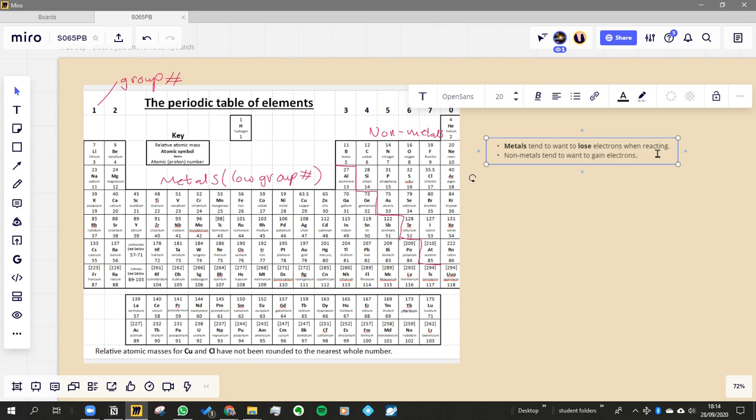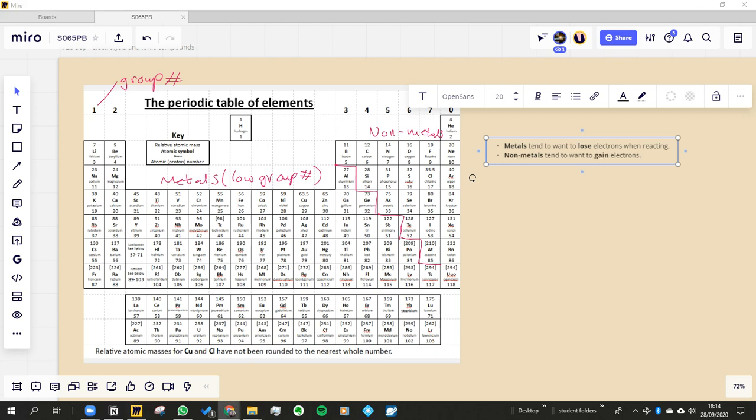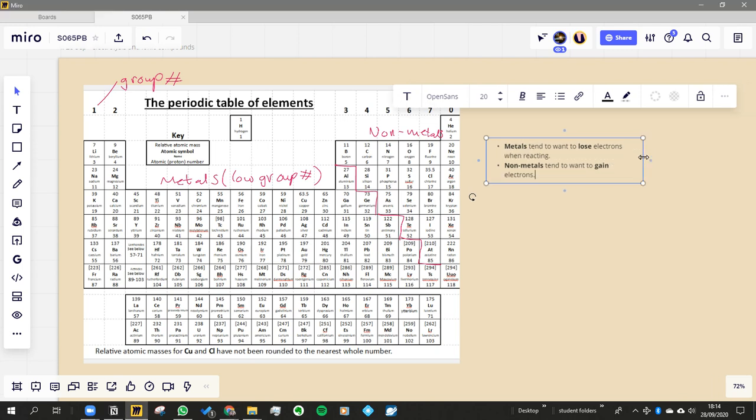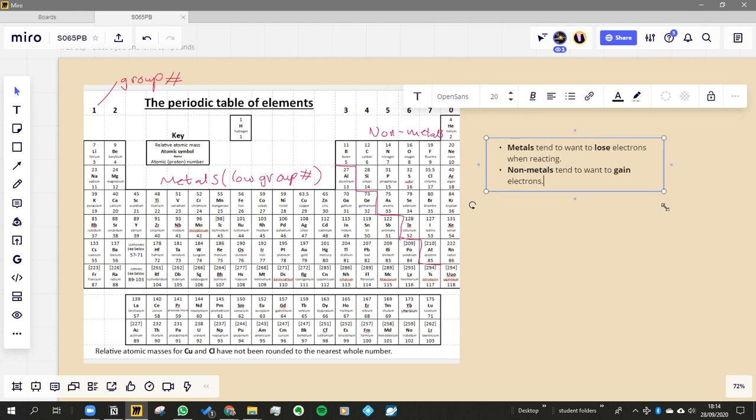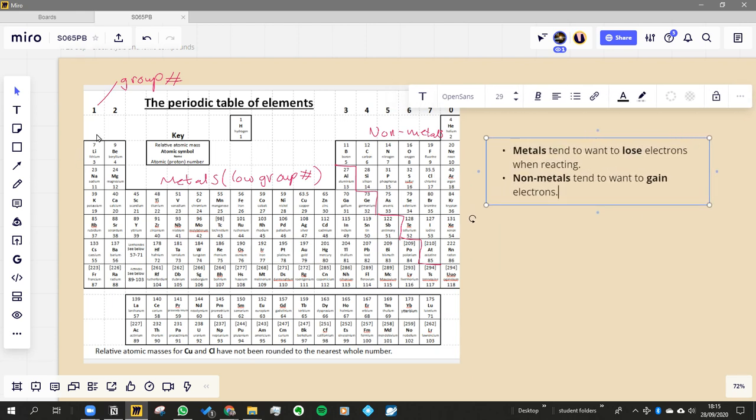So why is it that way around? Well, they're both trying to form full outer shells. It makes much more sense for a metal to lose the few outer electrons than to gain a ton of electrons. By the way, how easy it is to do that tells you how reactive the element is.